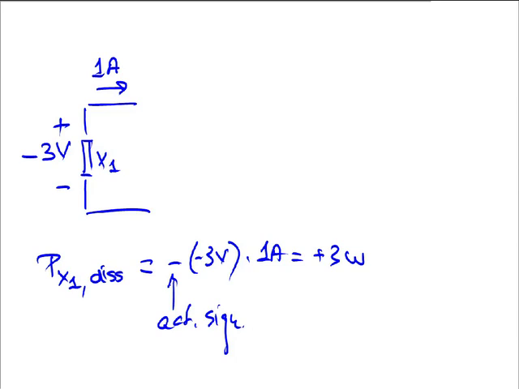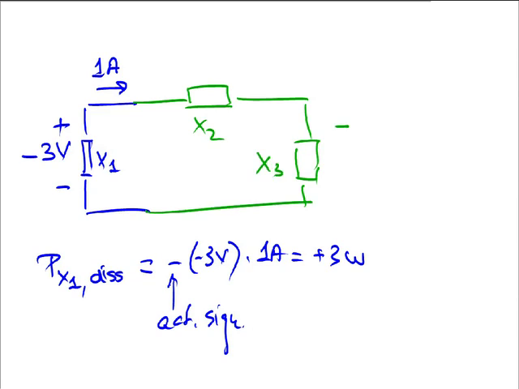Let's say there is another component here, X2. And just to make it even more fun, there is a component X3. And let's say I also know the voltage here, 2 volts. And now I want to know what is the power of component X2 delivered.